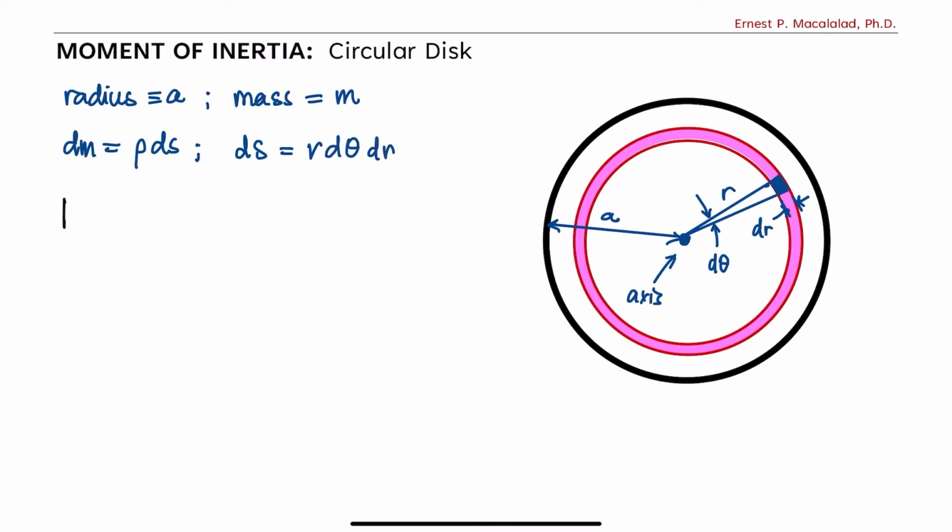So the moment of inertia I is equal to the integral of r squared dm. The distance of your area element ds would be r, so this will be retained.